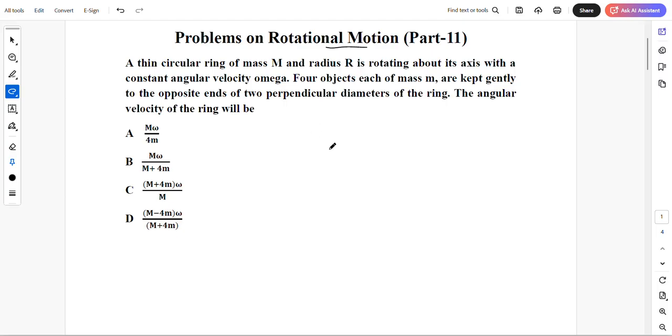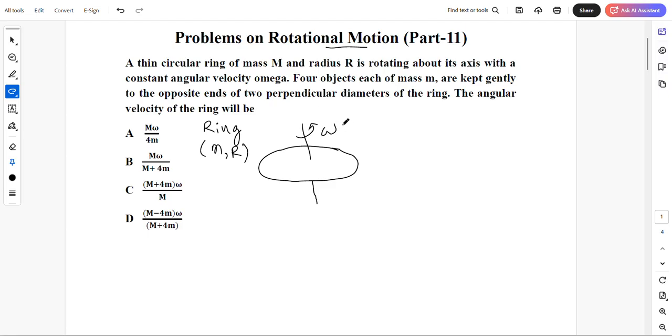We have one circular ring of mass m and radius r, rotating about its axis with a constant angular velocity omega.